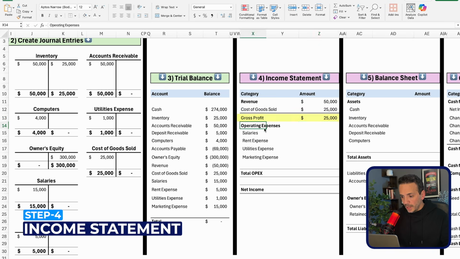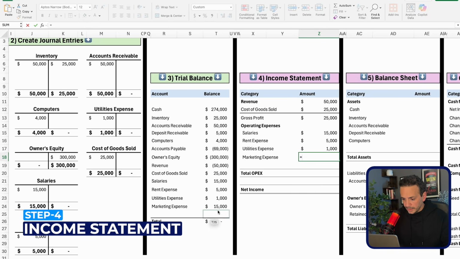Okay, great. Operating expenses, let's go ahead and pull that from our trial balance. Here is salaries, rent expense, and utilities, and finally marketing. And then we can go ahead and total our total OPEX or operating expenses and say net income is our gross profit minus total OPEX.